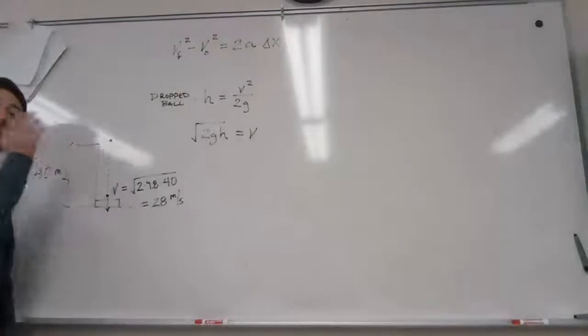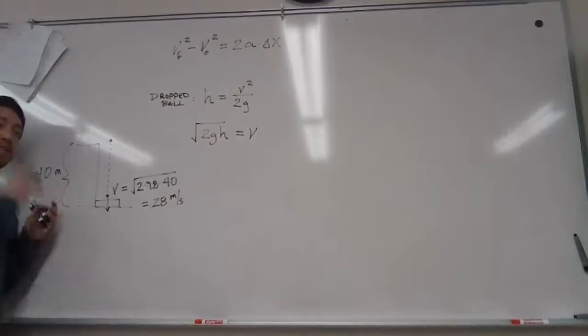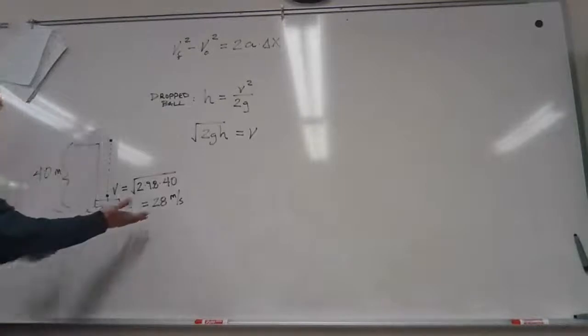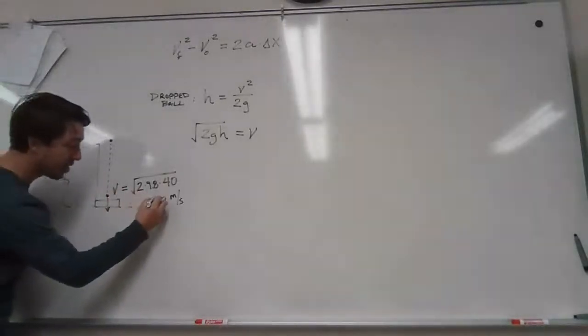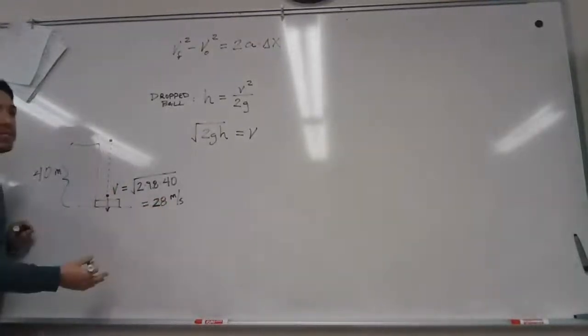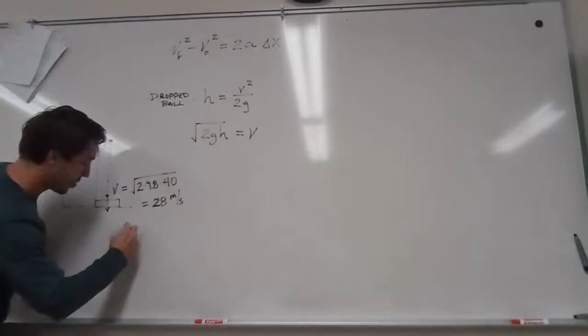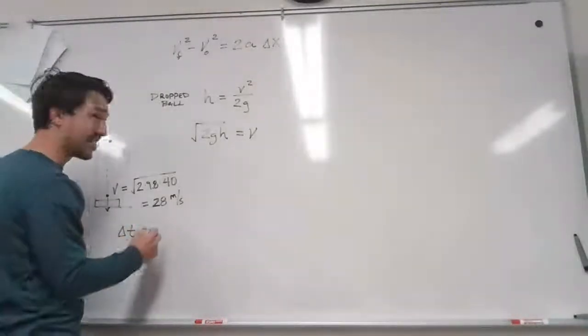Okay, so now we've reduced it. Big thing in math and physics is you've taken a problem and you've reduced it down to a problem you've already solved. So I know the speed of my object just before it hits the pad. Same process. Do I know the delta t for this one? 80 milliseconds.